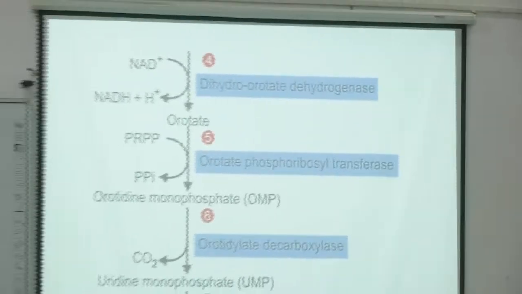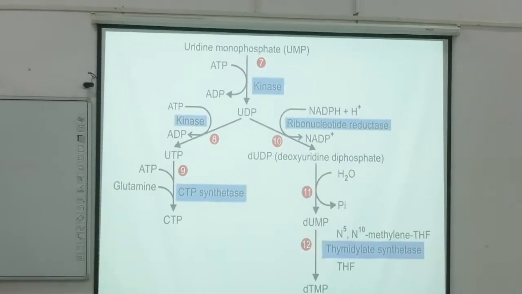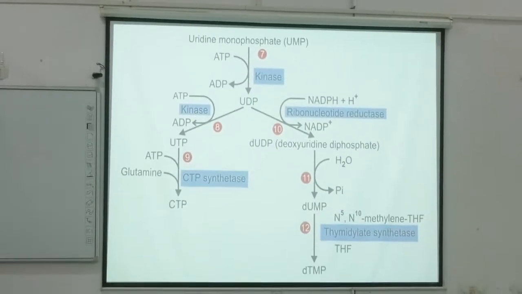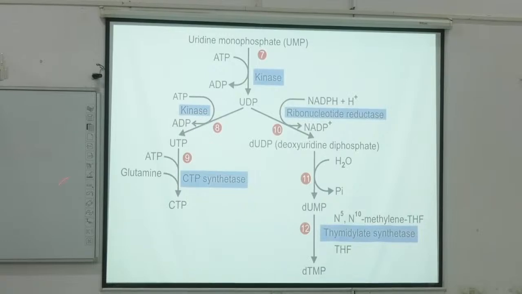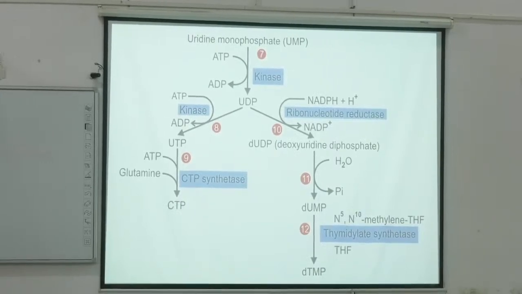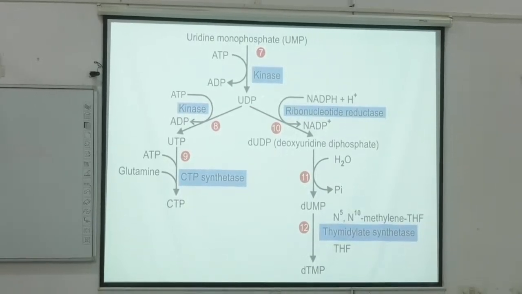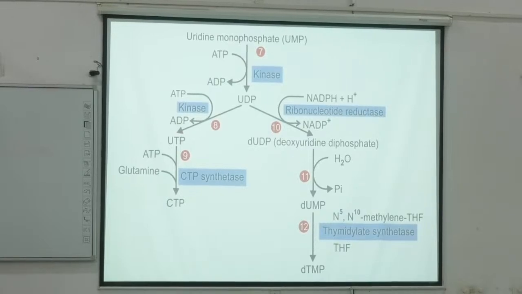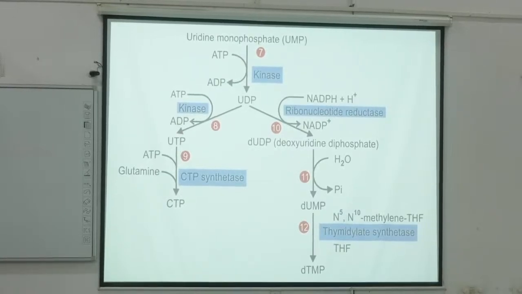Ultimately there is the formation of uridine monophosphate. After the formation of UMP, lastly we see this metabolic pathway from here. By the activity of kinase enzyme, there is formation of UDP, and this UDP forms UTP, deoxyuridine diphosphate, and lastly deoxyuridine monophosphate and deoxythymidine monophosphate.